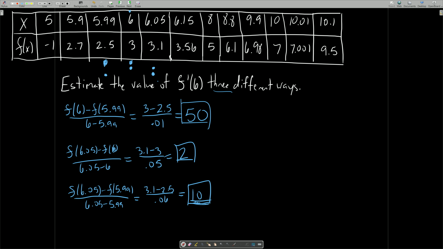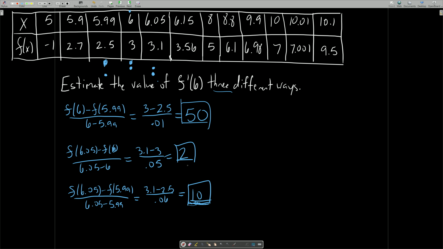And that's really all the information we can get because it's a table and not a graph, so we can't really see the actual function. All they're giving us is a table. So keep in mind that if you're ever evaluating a derivative from a graph, you're doing it like this. Make sure you try to evaluate it different ways to see if these answers are at least close to each other.